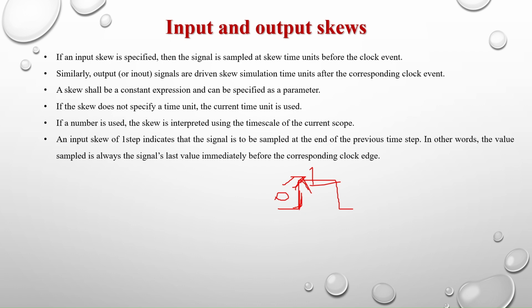It's not like 1 unit before or 2 units before. The signal will be sampled at one step. In other words, the value sampled is always the signal's last value immediately before the corresponding clock edge. So before starting the transition from 0 to 1, the signal will be sampled. So this is what #1 step means.